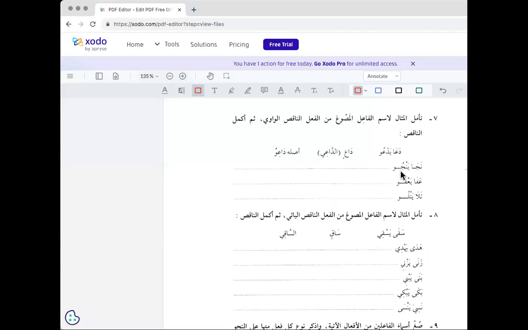Examples: naja yanju, afa ya'fu, to pardon someone. Allahumma innaka afuwun tuhibbul afwa fa'fu anna. Fa'fu comes from this word ya'fu. Fa is the harf ta'qib.